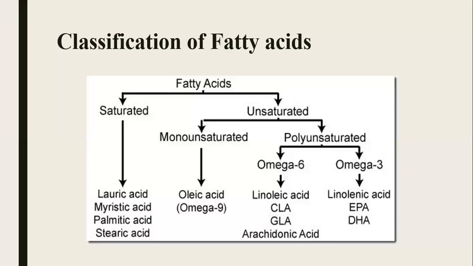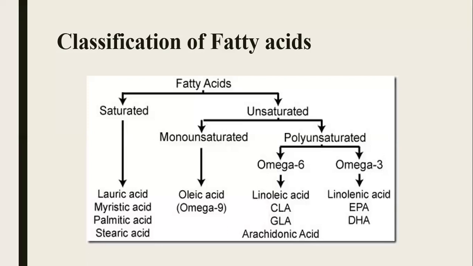Or linolenic acid can give rise to another polyunsaturated fatty acid, that is docosahexaenoic acid, which is a 22 carbon containing polyunsaturated fatty acid. As these two fatty acids, eicosapentaenoic acid and docosahexaenoic acid, are both derived from linolenic acid, they also have the same omega value, that is, they are also classified as omega-3 fatty acids.